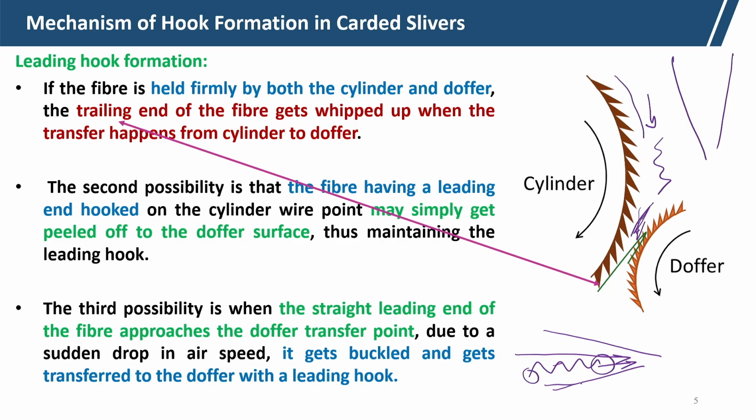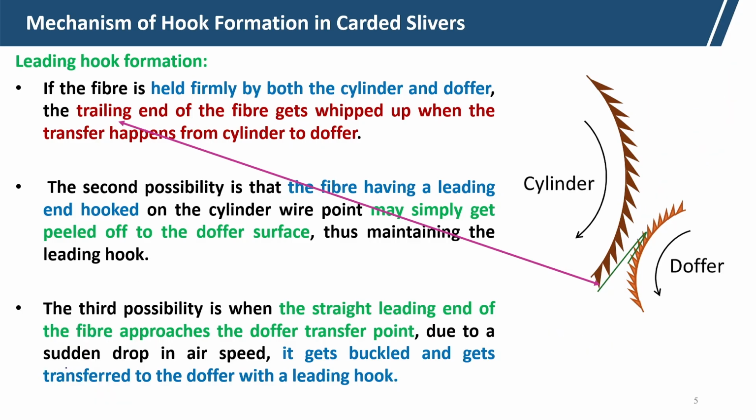So, it gets straightened, but here the opposite thing happens. Suppose this is the leading part. The leading part will have slower speed when it is coming close to the doffer, and the trailing part is coming at high speed. So, it will form the buckling. That buckle gets transferred to the doffer with a leading hook. So, this is the third possibility.